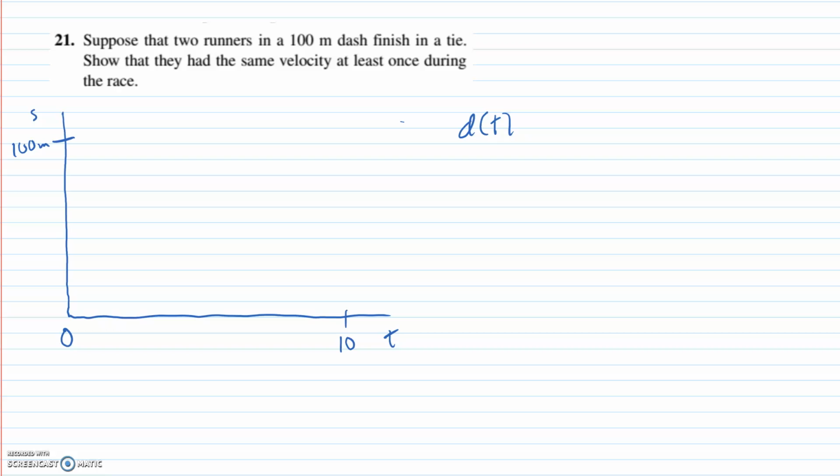So I've drawn here a portion of a position versus time curve, and the position of each runner will indicate their position relative to the starting line. And so we know that both runners will start here at the origin, since they both start at the starting line.